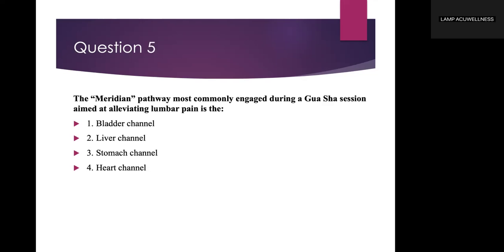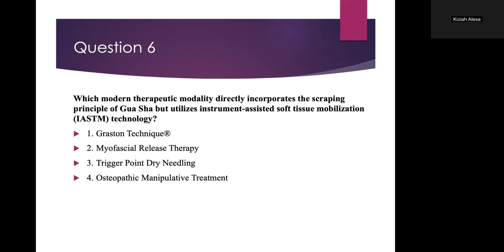Number 5, the meridian pathway most commonly engaged during a Gua Sha session aimed at alleviating lumbar pain is the bladder channel. Which modern therapeutic modality directly incorporates the scraping principle of Gua Sha, but utilizes instrument-assisted soft tissue mobilization, or IASTM, technology?